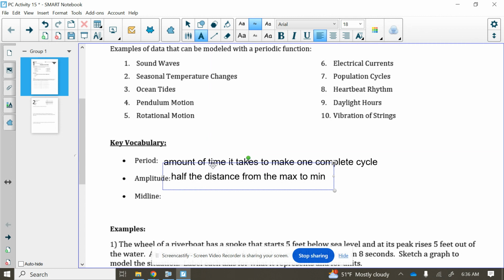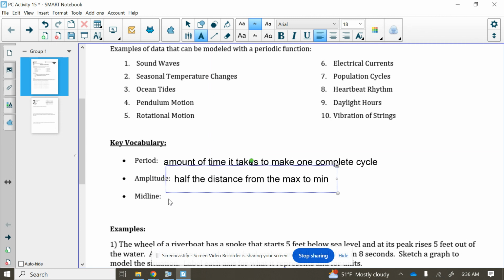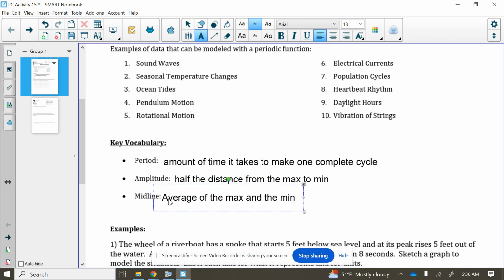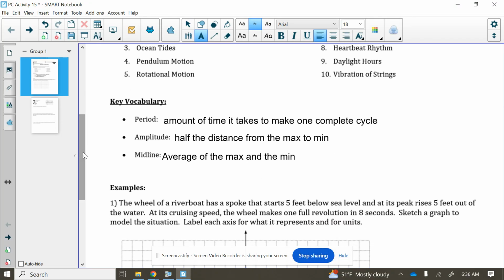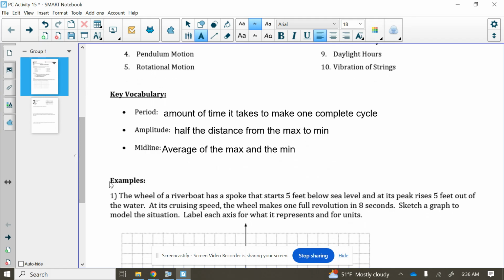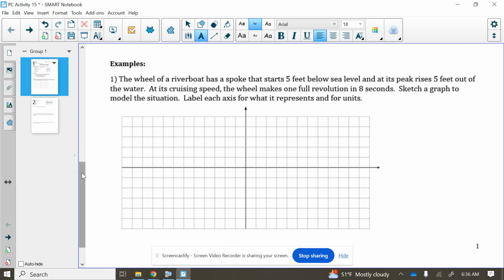Our midline is the average of the max and the min. And while we see a lot of graphs with a wave shape, that's not all of them, but the main key feature is that period and how long it's taking our graph to repeat.